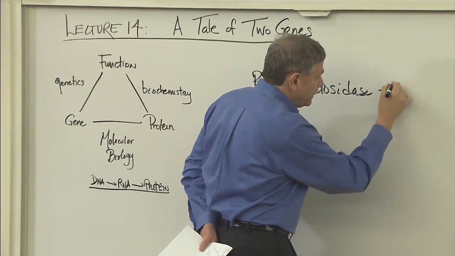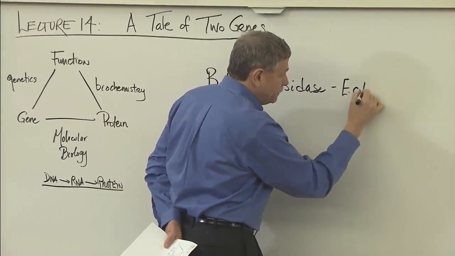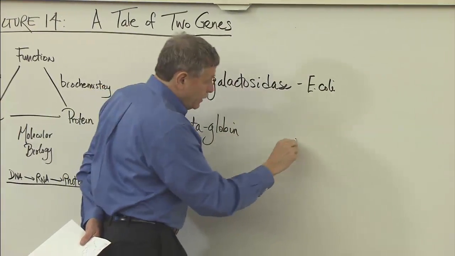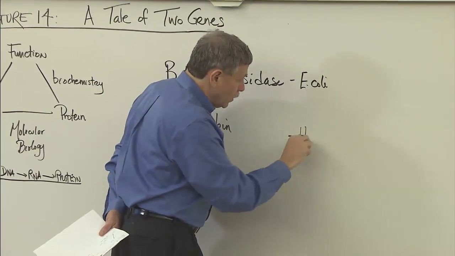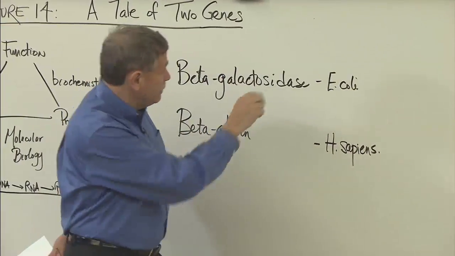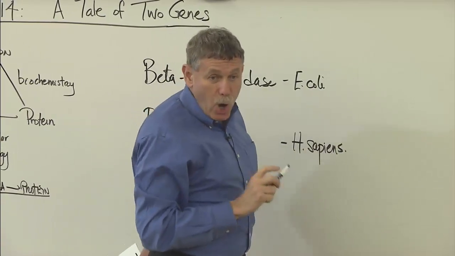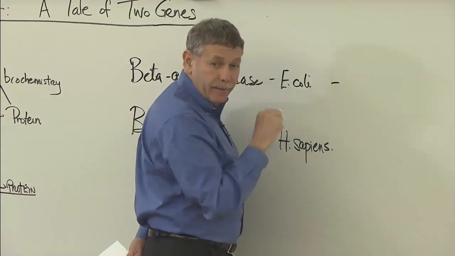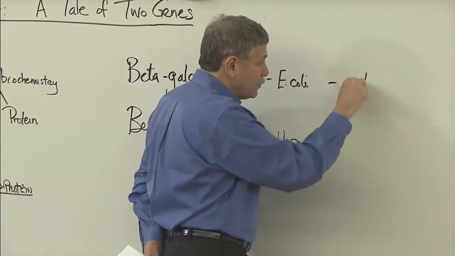This is a gene in E. coli. This is a gene in you, Homo sapiens. This is a gene that encodes an enzyme involved in the metabolism of a sugar.